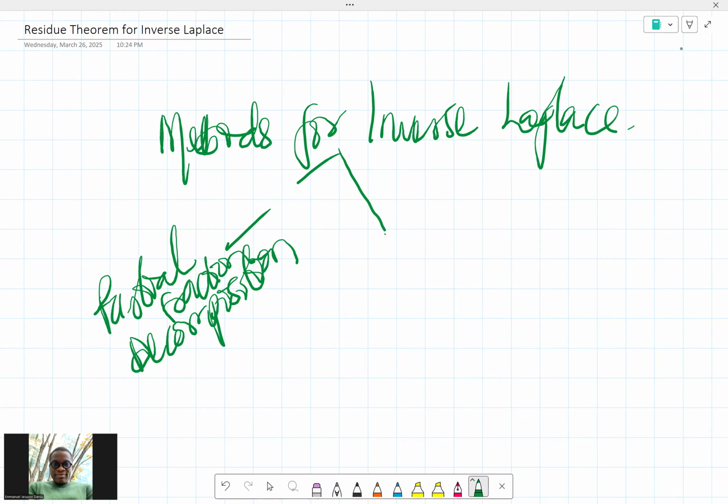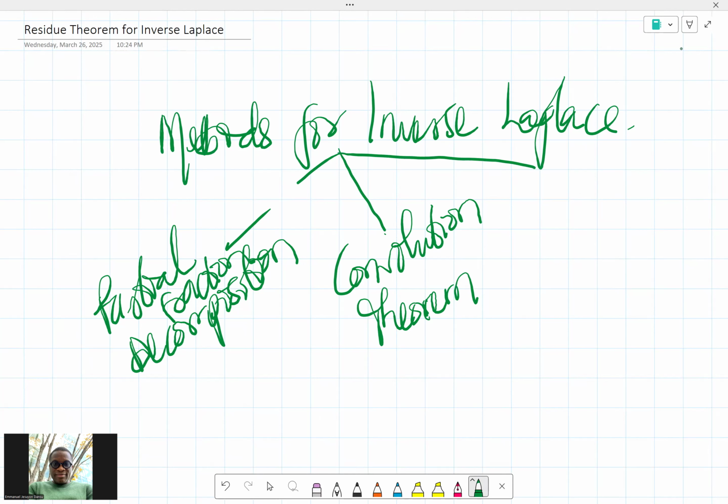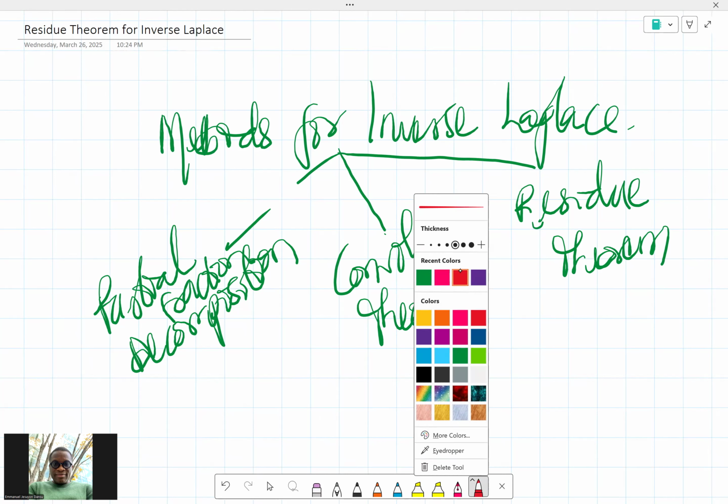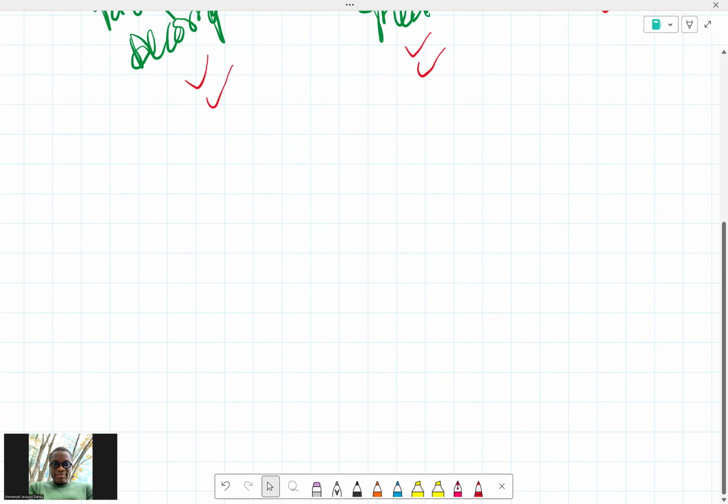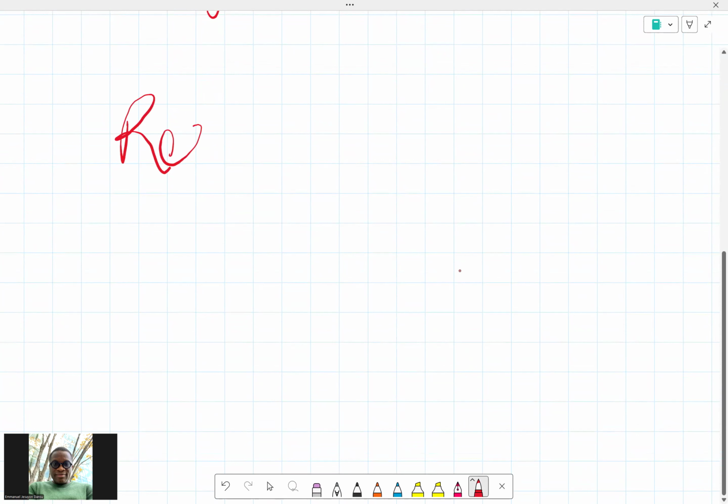Then we have the convolution theorem, where you're looking for the Laplace inverse of the product of two functions. And then we have the residue theorem, which we are considering now. Having seen partial fraction decomposition and the convolution theorem, now it's time for the residue theorem.